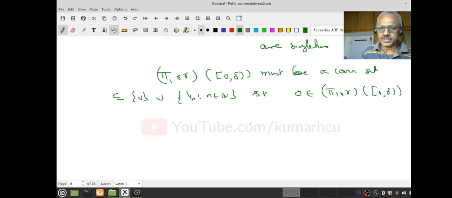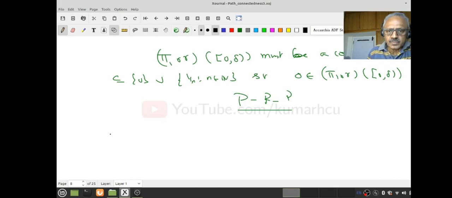Okay, make sure you understand all these things. Therefore the only connected components of this set are singletons, and the point 0 must be in this.